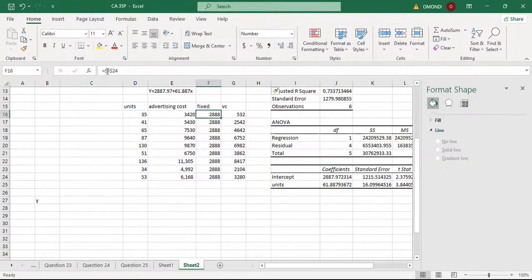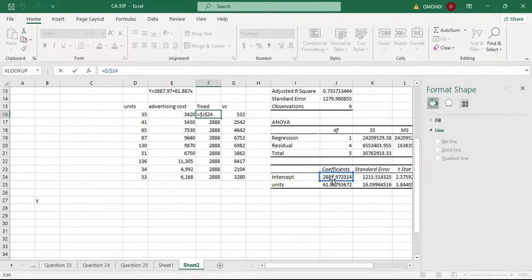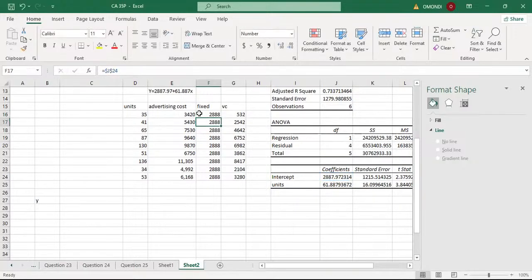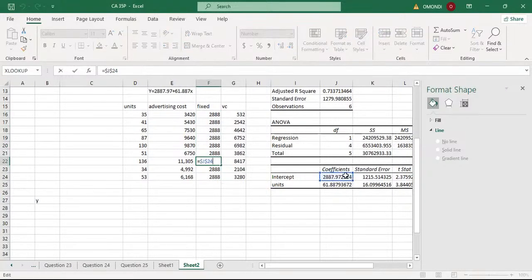So I've introduced a dollar sign before J, which means I am locking column J. Then a dollar sign to lock 24, which means I'm locking row number 24. So when I lock J24, it means I don't want it to change. Even if I drag my cursor down, it will still be the same thing because I've locked that I'm referring to this specific item.